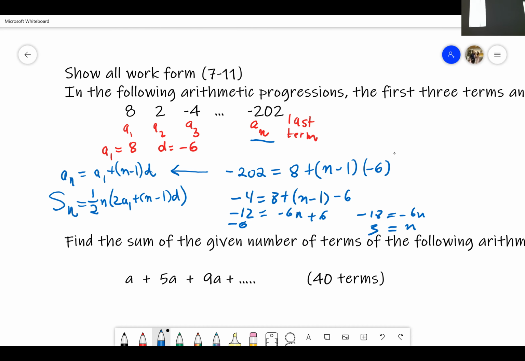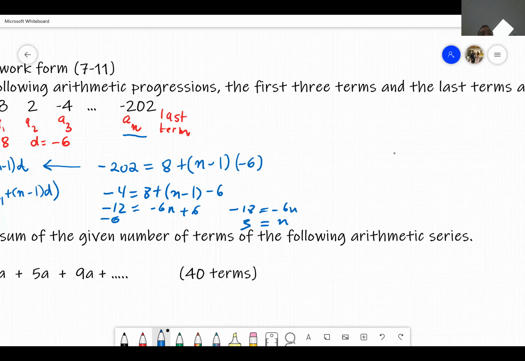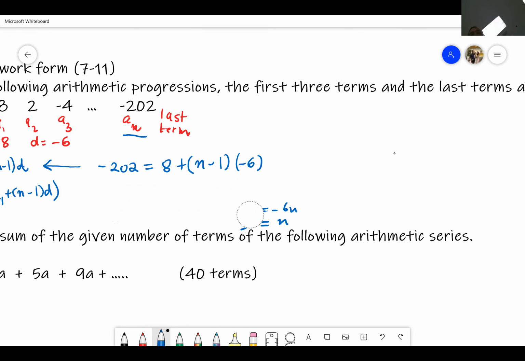What we want to figure out is what term is -202. So we solve for it. And you guys have the skill for that. You do have the skill for that. So I'll erase this example I put here. No need for it. But the first thing I would do there, I'll subtract 8.